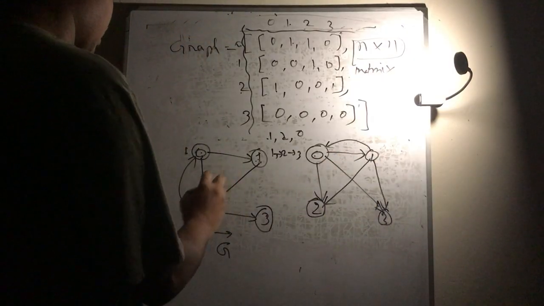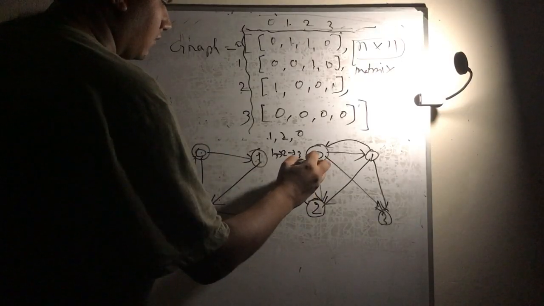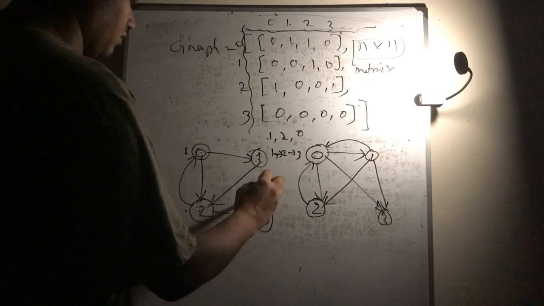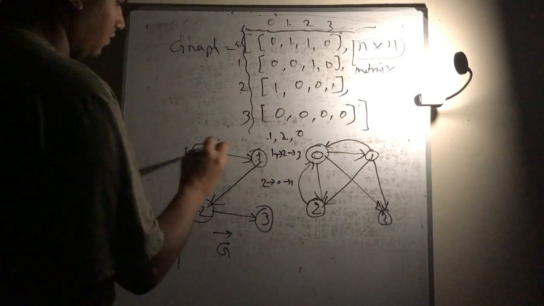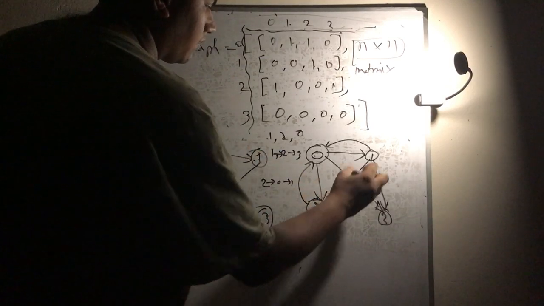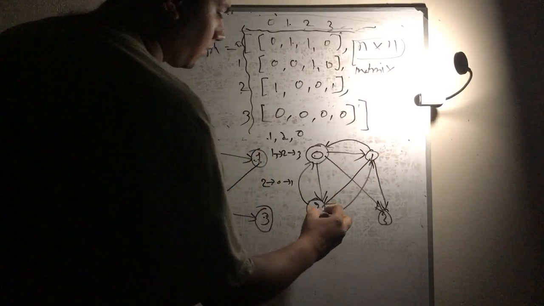Okay, let's check 2. 2 to 0, yes. 2 to 1: 2 to 0, then 0 to 1, yes. 2 to 3, yes.